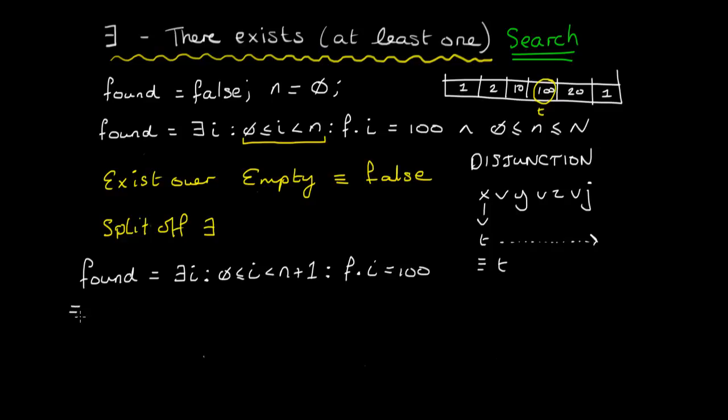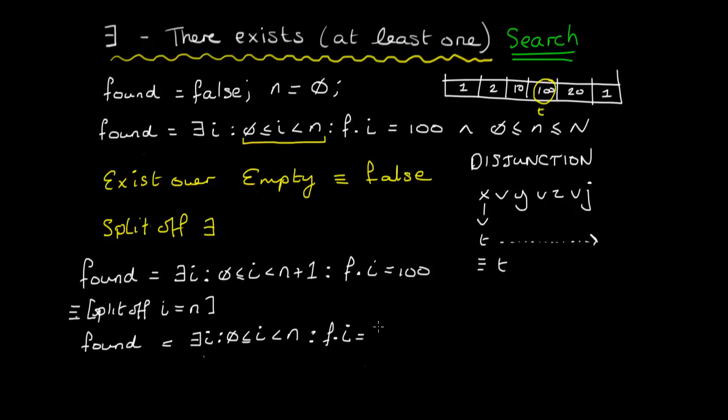And if we apply the split off rule, and we're splitting off i equal to n, that would give us found is equal to there exists an i greater than 0, less than n, we drop the plus 1, we keep the f.i on this side, f.i equal to 100.